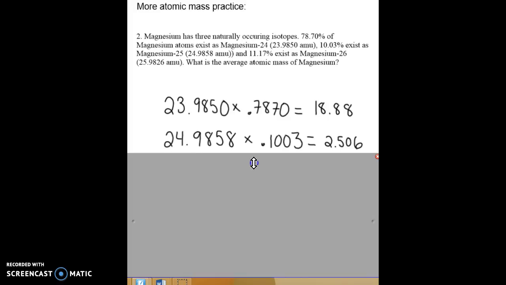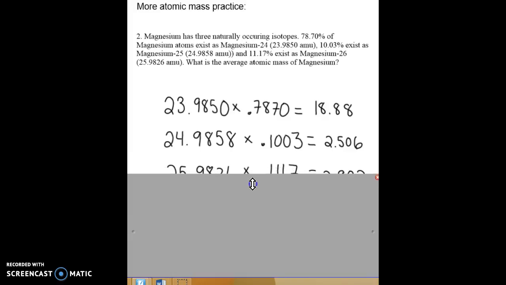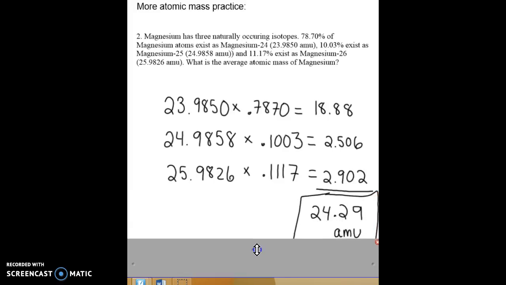And I get 2.506, and then my third isotope, I do the same thing. I take the atomic mass of it times its percent abundance. And now once I've gotten all of these, I add them together. And don't forget your units. It's AMU. So 24.29 atomic mass units.